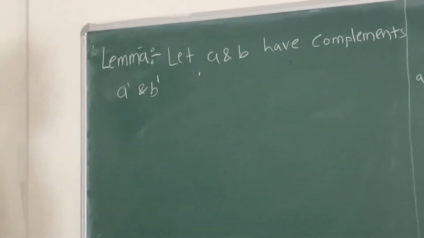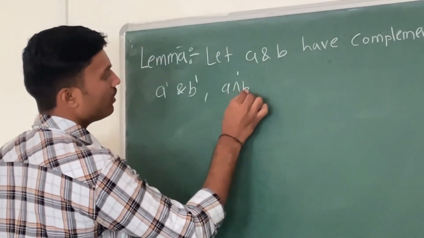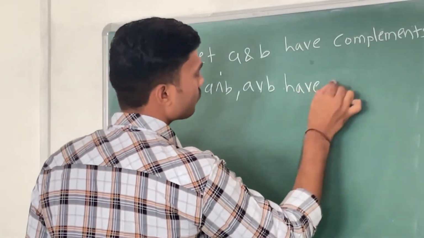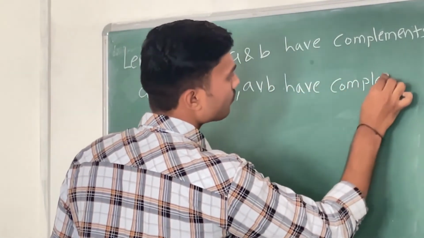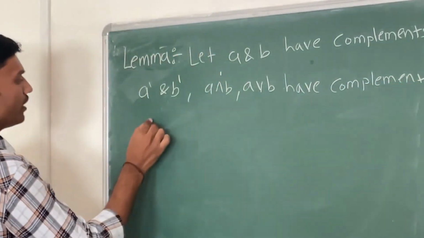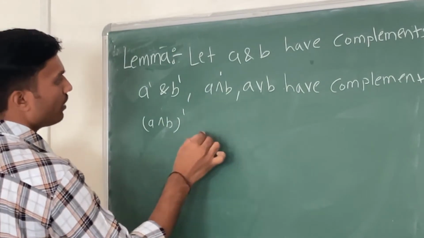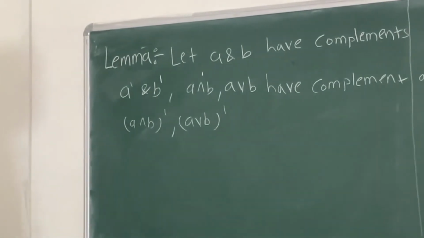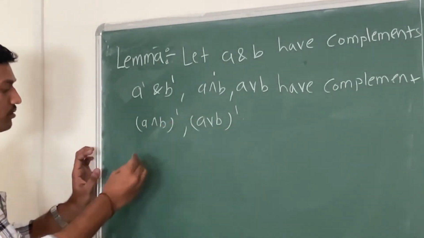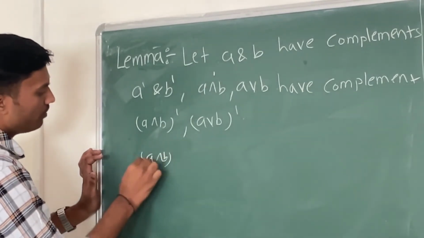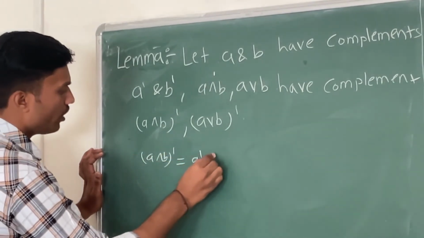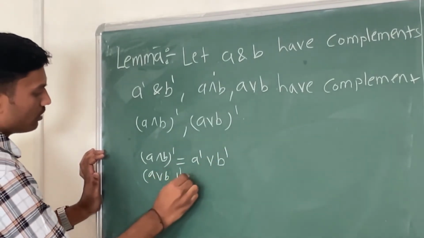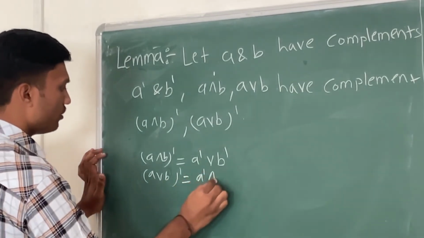Then we have to show that A meet B, A join B have complement A meet B dash and A join B dash. That we have to prove. What is in the statement that is given is that A meet B dash is equal to A dash join B dash, whereas A join B dash is equal to A dash meet B dash.